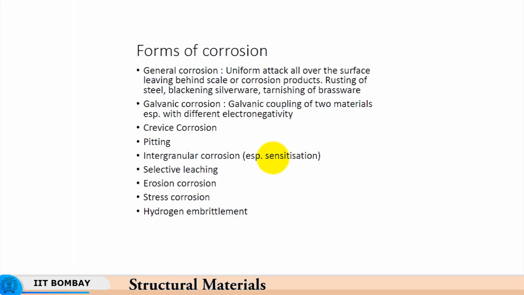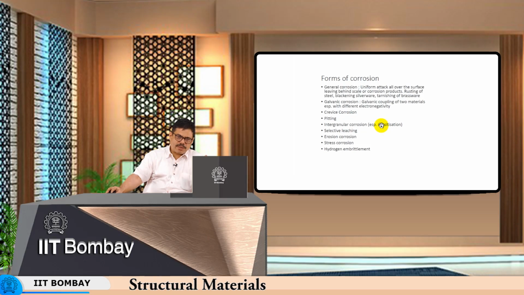So, we have a washer, we have two plates mating together, and this generates a crevice between the washer and the plate and between the two plates themselves. So, this crevice corrosion takes place due to entrainment of the corrosive medium into the crevice or into the gap. This is something which is commonly found in submerged assemblies.